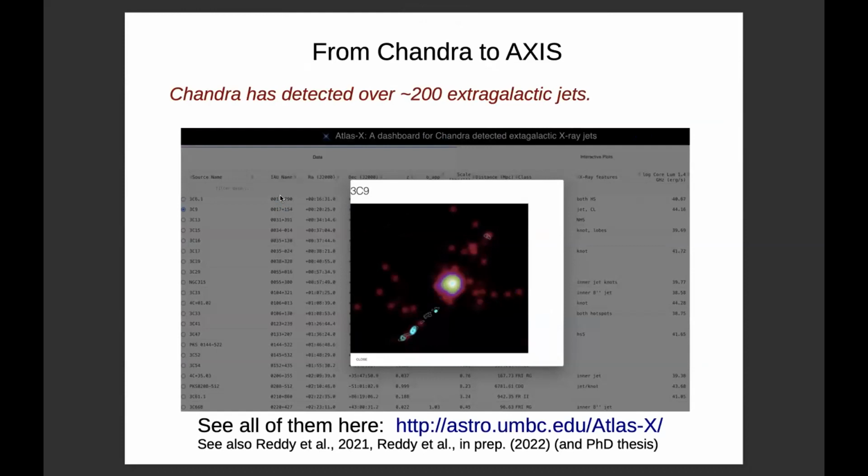At this point in time, Chandra has now detected over 200 extragalactic jets, where we're talking about features that are mapped to the radio structures: the relativistic plasma, and also in some cases the lobes, where we detect X-rays. One of our graduate students that recently graduated has made an atlas that's very up to date and shows images and data for all these X-ray jets, if you're interested.